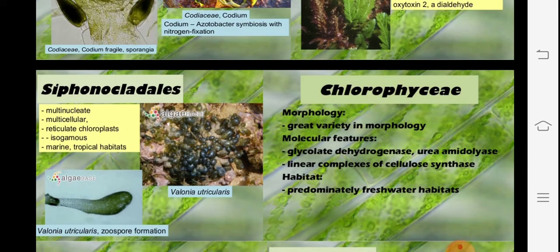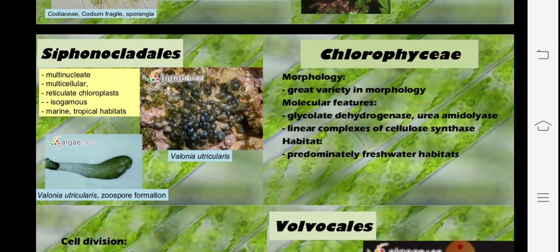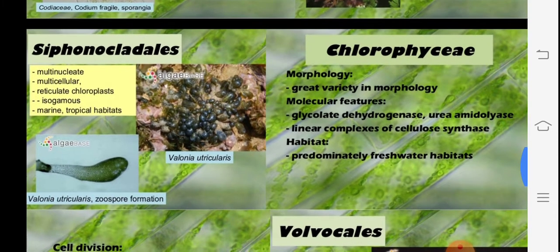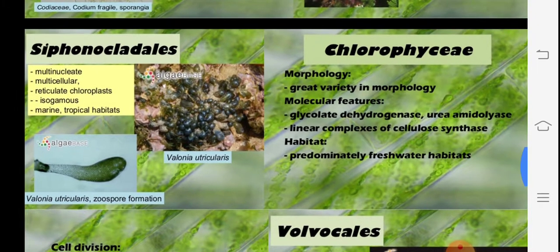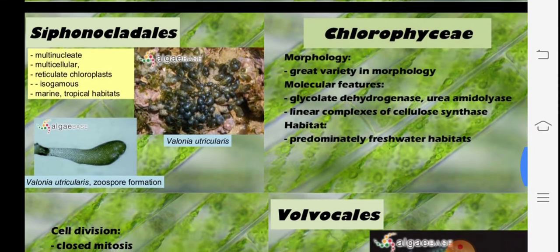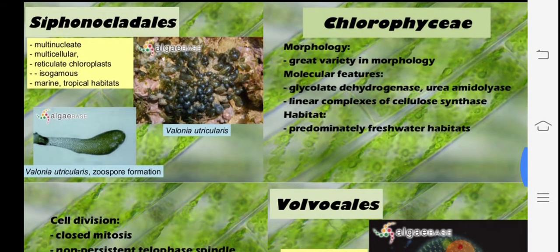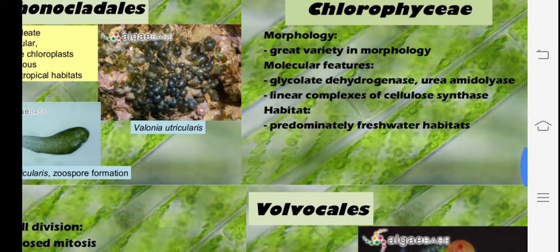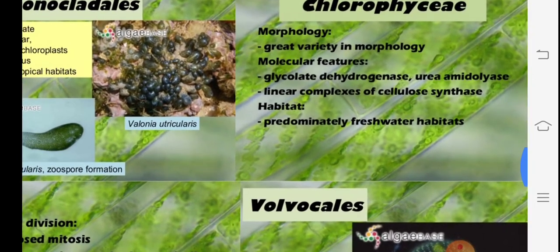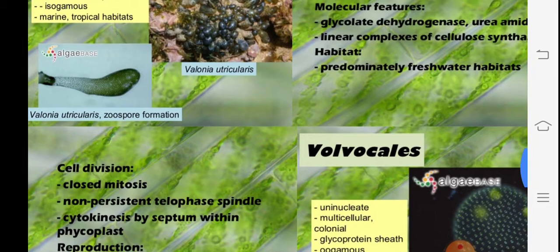Then Siphonocladales, the genus is Valonia utricularis, and how the zoospore formation takes place. The thallus is multinucleate, multicellular, with isogamous condition and tropical occurrence. Then in our Chlorophytes, the Volvocales order is there. It is found in fresh water, and morphologically a great variety is commonly seen.